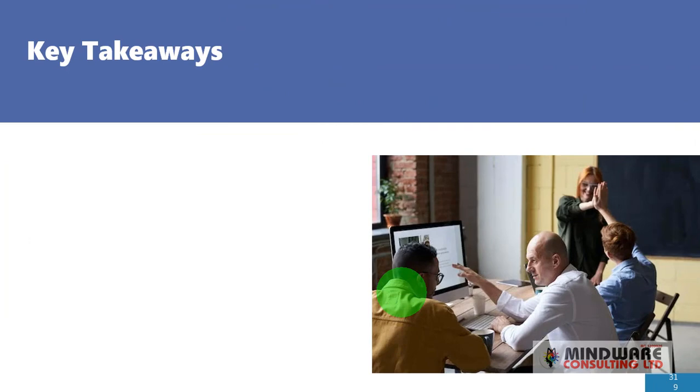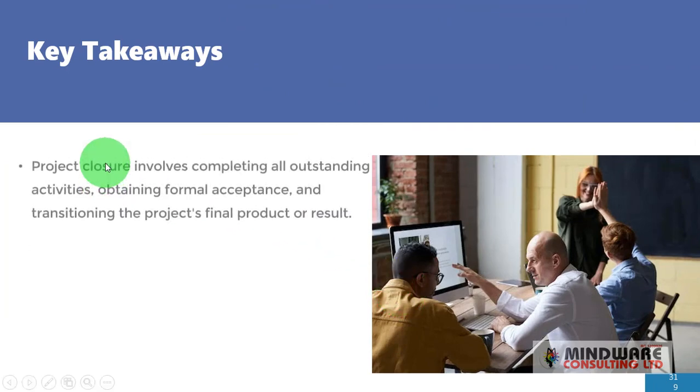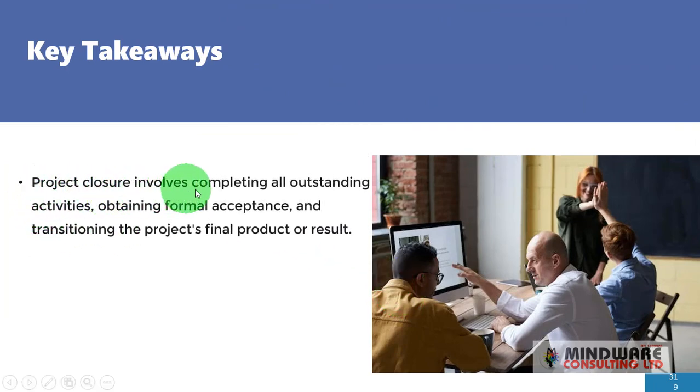Now, what are the key takeaways from this section? Firstly, project closure involves completing all outstanding activities, obtaining formal acceptance, and transitioning the project's final product or result. Okay, so before you close as a project manager, you have to ensure that all outstanding activities regarding the life cycle of this project have been completed.